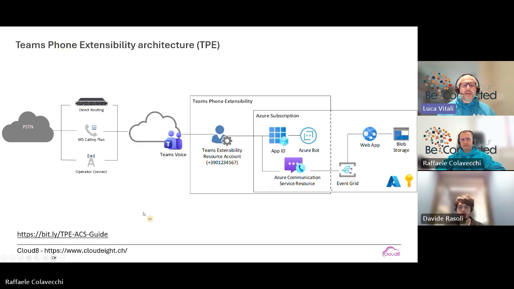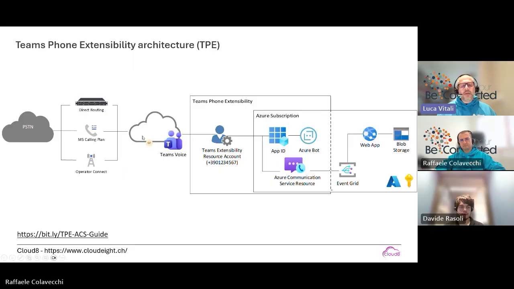So the idea is to have an integration with a PSTN connection. In this case, one of the main aspects of Teams Phone extensibility is that you can use direct routing, you can use Microsoft Calling Plan, you can use Operator Connect.